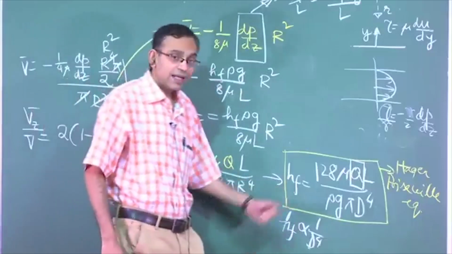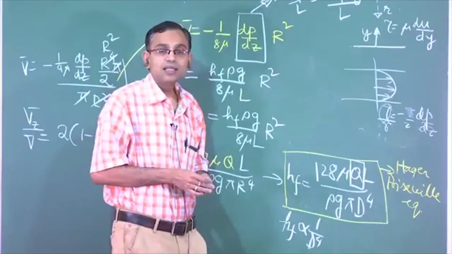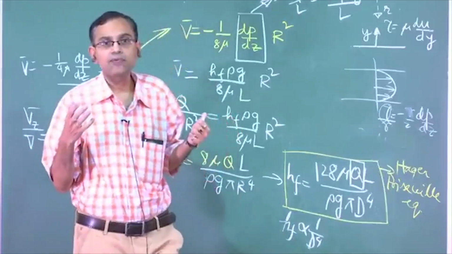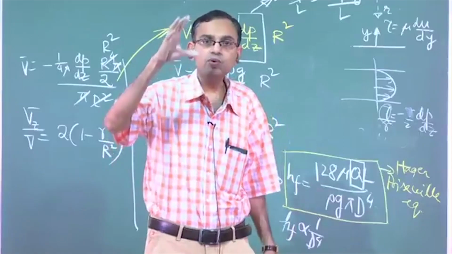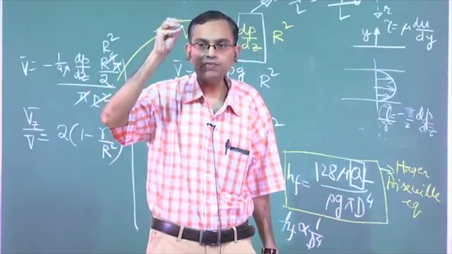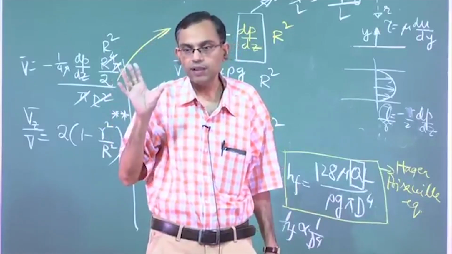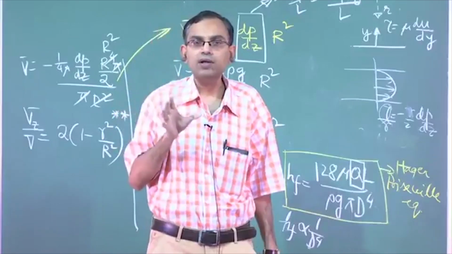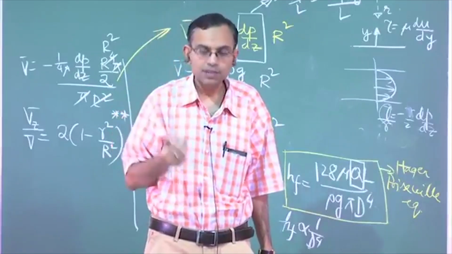So, what does it indicate? It indicates a very important scaling law for microfluidics applications, that if you reduce your pipe diameter from 1 meter to 1 micron, okay, so 1 meter to 1 micron is 10 to the power 6 times the reduction.